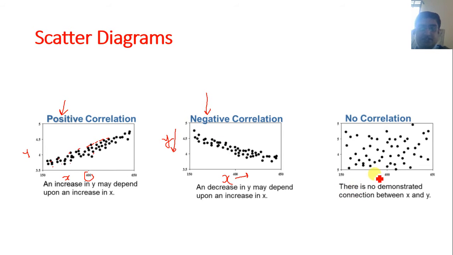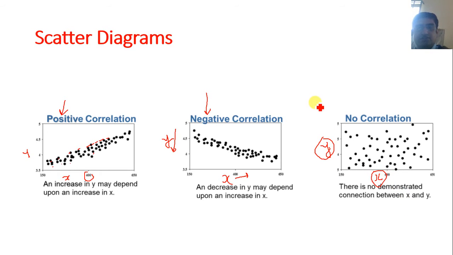And here you can see the values of x and y. There is no relation between all these values of x and y. So there is no correlation found in the case of the third one.